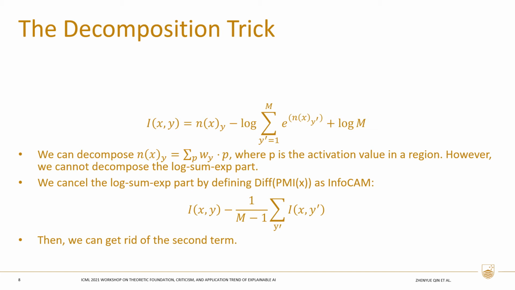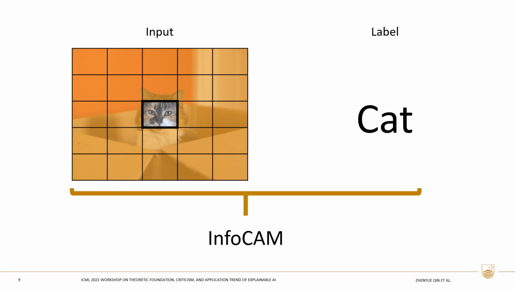As one can see, the second term has been cancelled out. We call the result of this subtraction Informative Class Activation Map, abbreviated as InfoCAM. We choose this name because this new metric connects CAM with Shannon's information theory. So as this image depicts, we can finally quantify the information between a region of an image and a label.